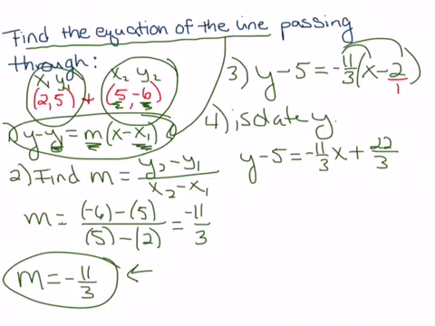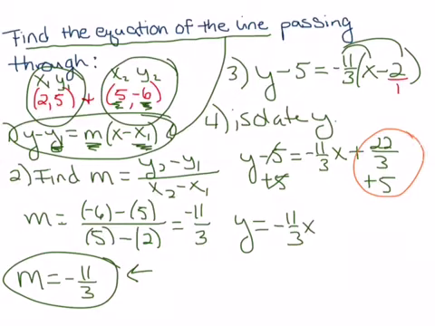Almost done. To isolate the y, we're going to add 5 to both sides. Now, the y minus 5 and the plus 5 is nice because that just cancels to y. The negative 11 thirds x is not like terms with anything else on the right-hand side. However, this 22 over 3 and the plus 5 can be combined. So I'm going to write plus 22 over 3 and then plus 5.